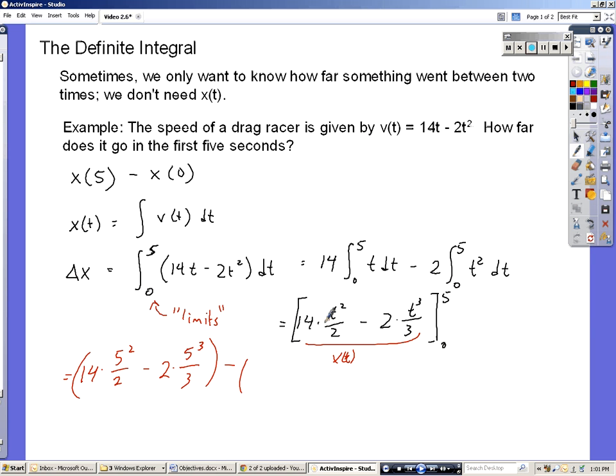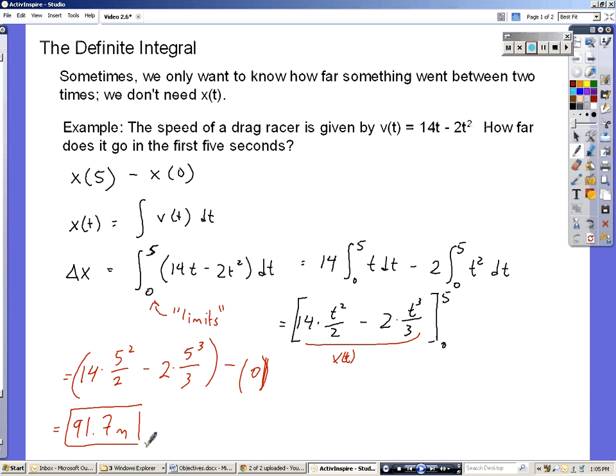But we notice that both of these terms go to 0 when you plug in t equals 0. And so that's just 0. At this point, we plug it into our calculators. When you work this out, you get 91.7 meters as your answer. That is how we use definite integrals.